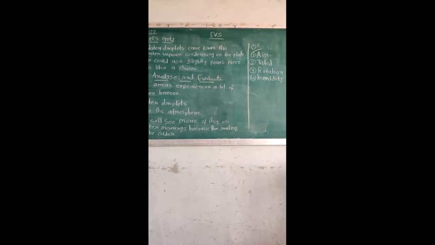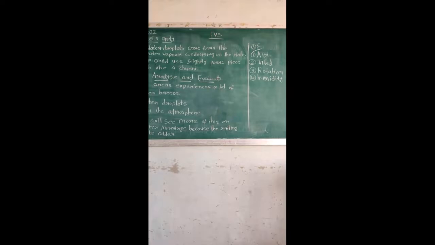Right. Water droplets came from the water vapor because of the condensation. Because of the condensation process, the water vapor converts into water droplets, right?